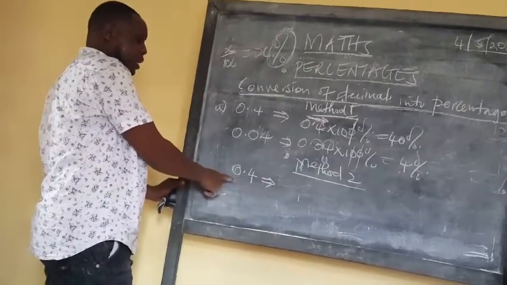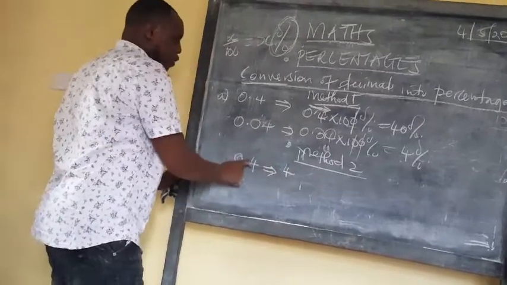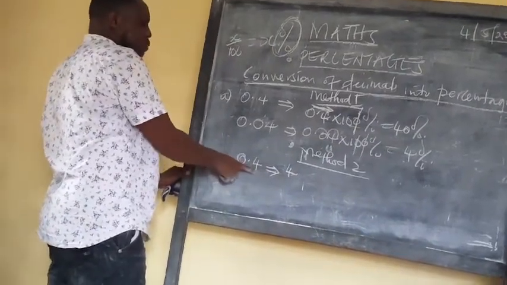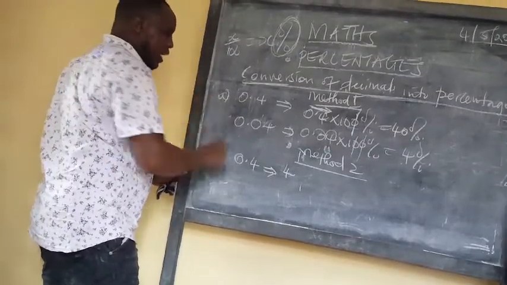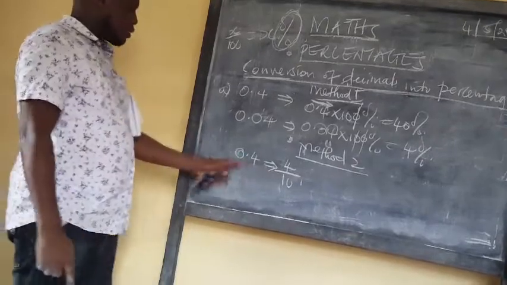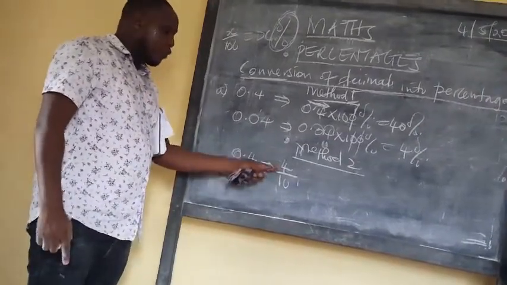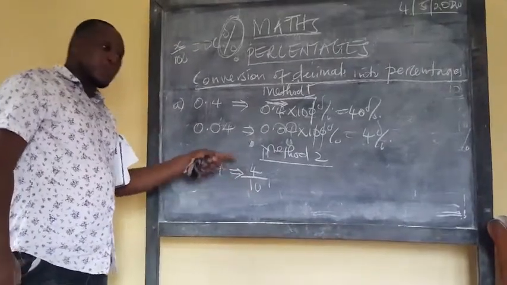How do you convert a decimal into a fraction? You just write the number 4 and then see how many decimal places are here. Only one decimal place. Meaning that this number is supposed to be over 10. This is 4 tenths. So this place value is tenths. 4 tenths means 4 out of 10. So that's the fraction 4 out of 10.